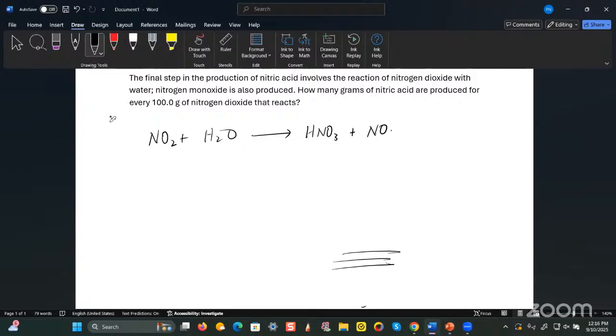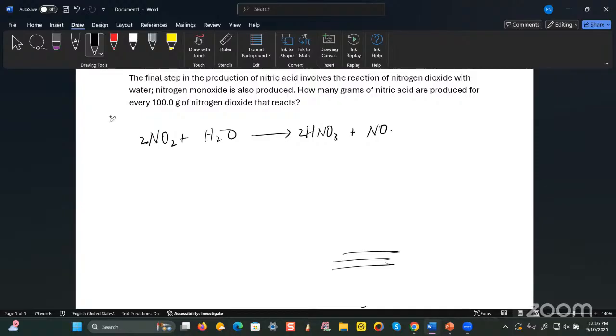We're going to need at least a 2 in front of the nitric acid, so okay, let's try that.